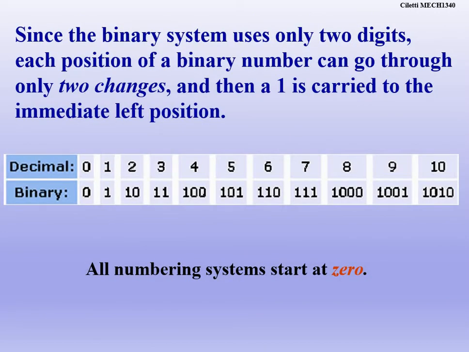With the binary system, since it's only 2 digits, we're constantly changing and expanding the values. We start out at 00, 01, 10, and 11. Those are the values that get us 0, 1, 2, and 3 in decimal.